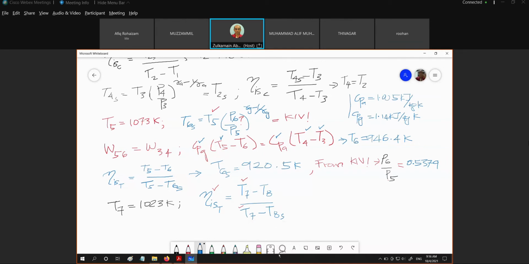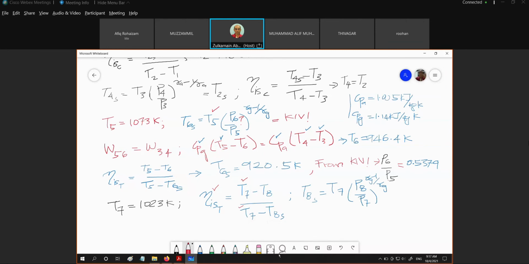Okay, so we cannot use this formula to solve either T8 or T8S. Then we have another formula, isentropic expansion, which is T8S equals T7 times P8 over P7 to the power of (gamma minus 1) over gamma.